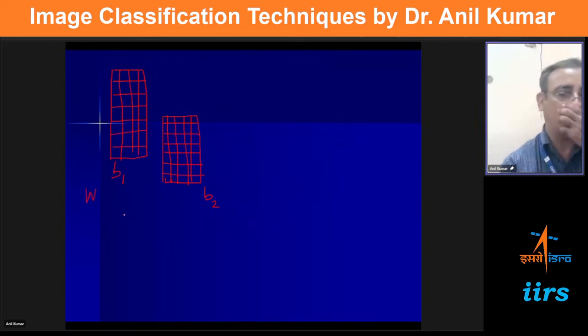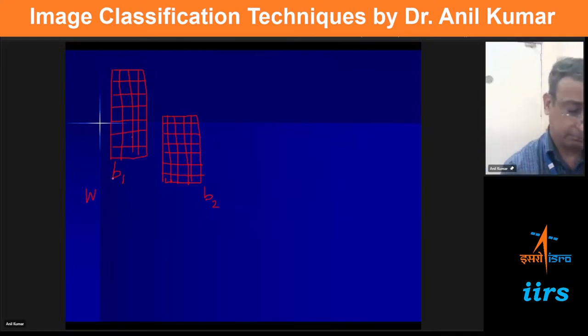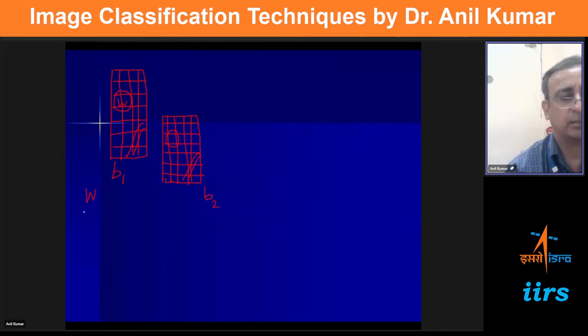Once we know this is water, that means we have gone to the ground for the same area, and we can locate a few water bodies. Where is the water body? Suppose this is the water body here, on both the bands we can see. So this is your water body, and this is a river here. On this river and on the water body, we can take a few pixels. Suppose 1, second, and so forth.